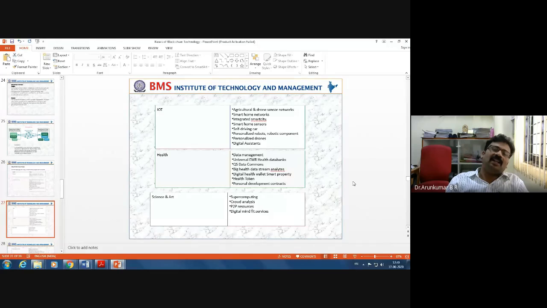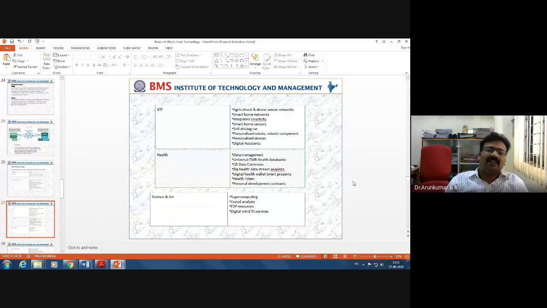In IoT, agriculture and drone sensor networks are using the blockchain. Smart home networks use the blockchain, right? So there are many use cases given with respect to the blockchain. In health, for data management purposes: big health data stream analytics, digital health wallet, smart property, health token.